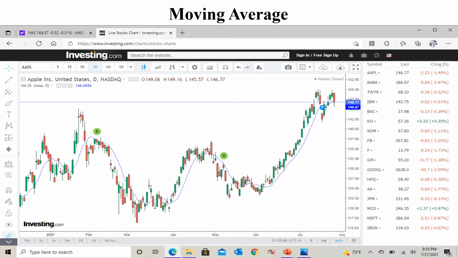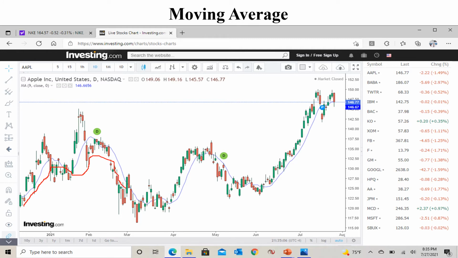Now, the first indicator I'm going to be talking to you about is called a moving average. What it does is it takes the average of a particular amount of days. You see this line here? This is called a moving average.